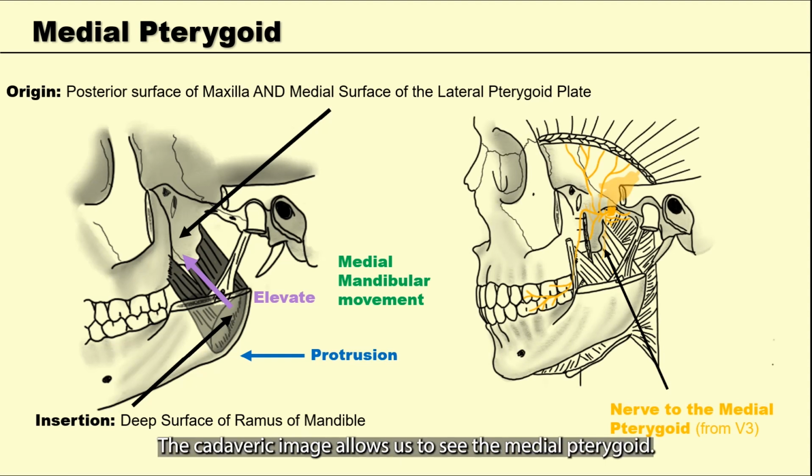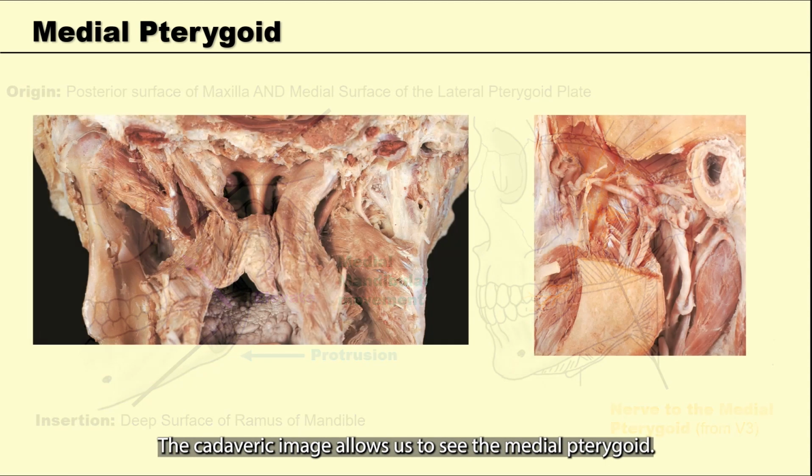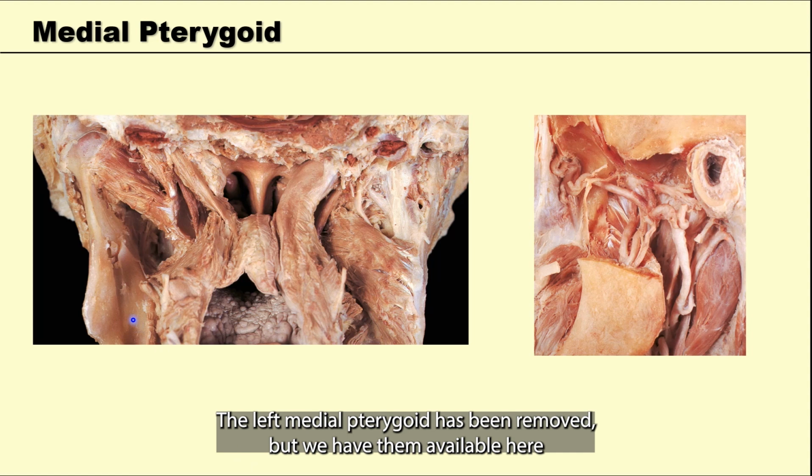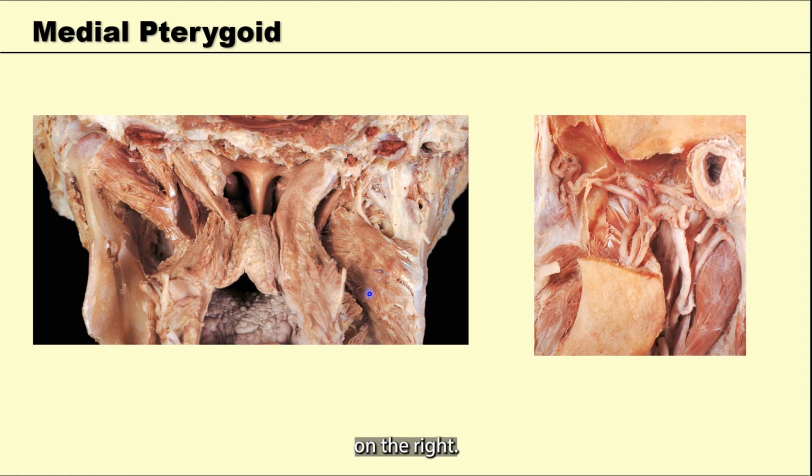The cadaveric image allows us to see the medial pterygoid. For the purposes of orientation, this image on the left demonstrates a posterior view of the medial pterygoid. Here is the back of the tongue, and here is where we could find the nasal cavity. The left medial pterygoids have been removed, but we have them available here on the right.